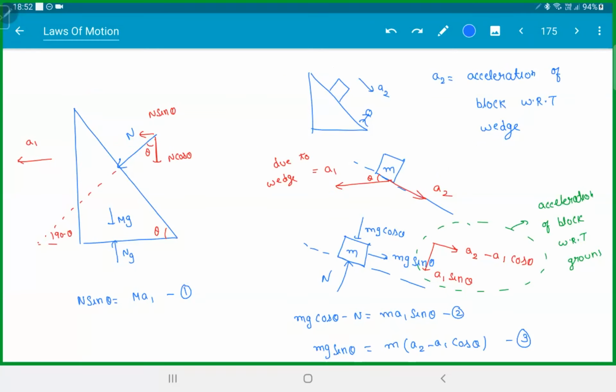This is how I did it in the ground frame completely. Pseudo force, I'll just show the equations. You can try that if you want, but please have a look at this. It's a good one.